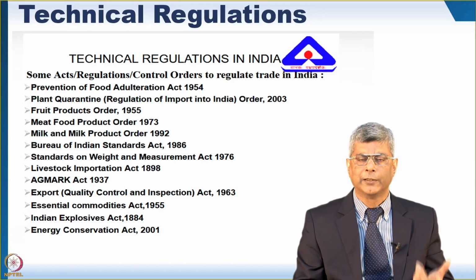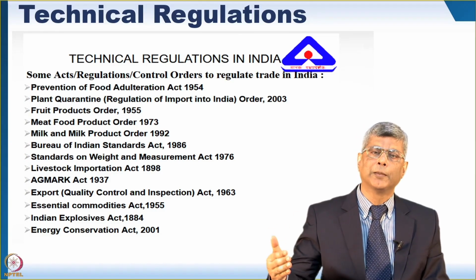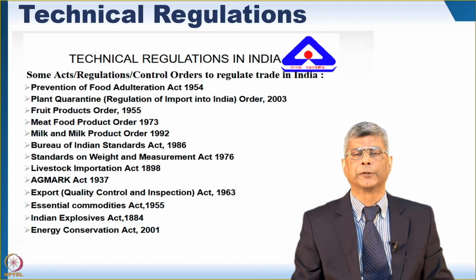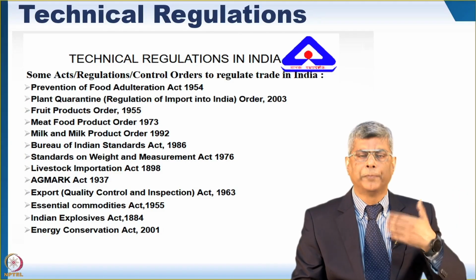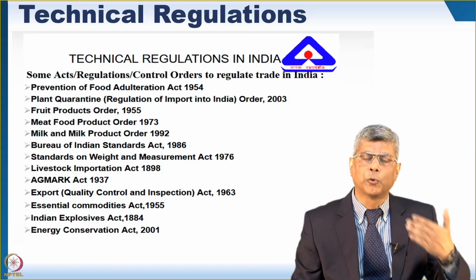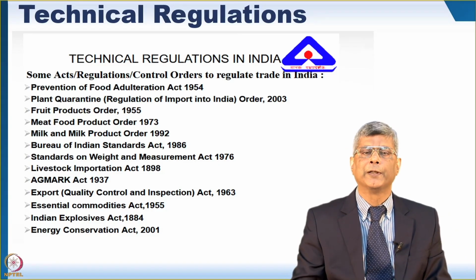Explosive acts, energy conservation acts. This is to make sure that as companies are making the products, they don't do anything which is harmful to the society. So be aware that not only does a company have to fulfill the quality obligations and the quality standards, they also have to comply with government regulations.